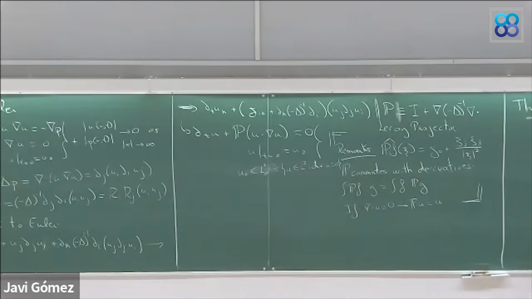Let's take the theorem that I want to prove today. Let the initial data belong to H^s sigma, where sigma simply means that the function has divergence zero, with s, the number of derivatives, bigger than d over 2 plus 1.